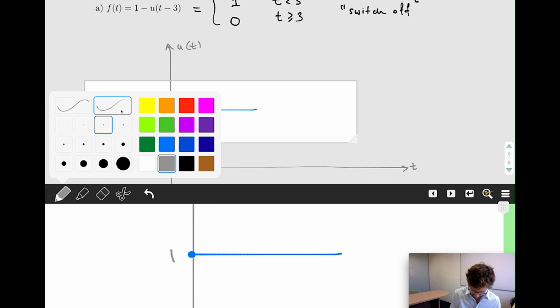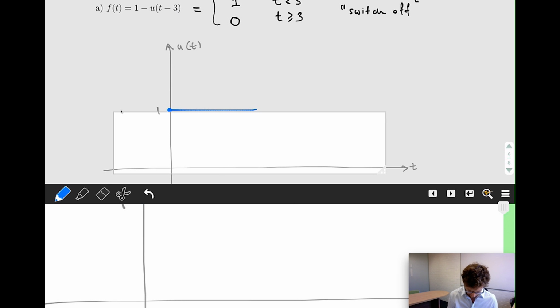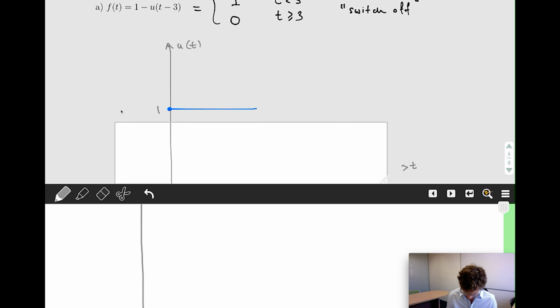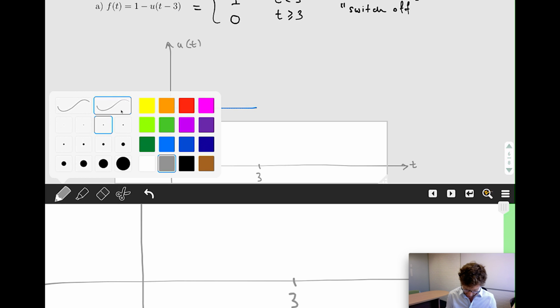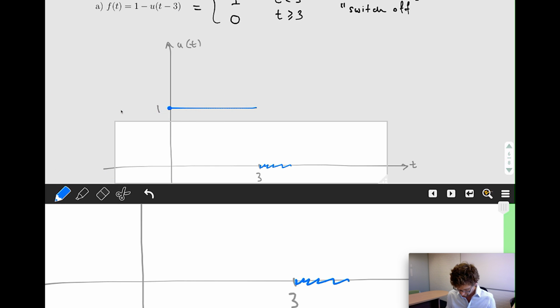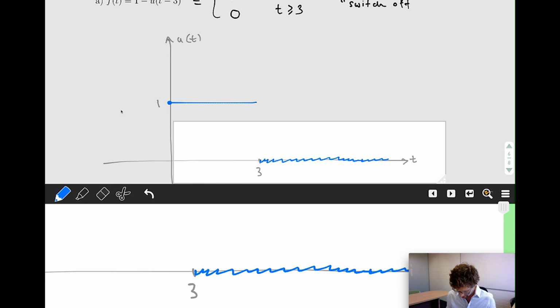And then it drops down to 0 at the value t is equal to 3. Now this is 3, and our function takes the value 0 for the rest of eternity. We can even indicate that with a little arrow there, pointing towards infinity.